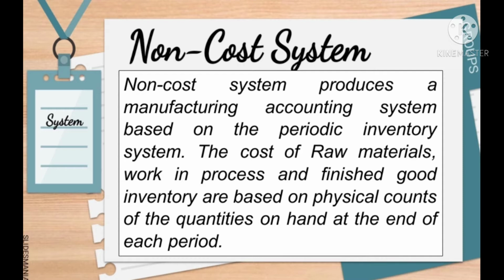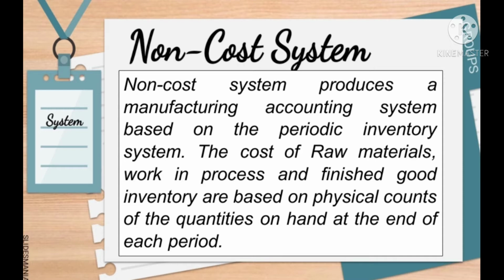Ibig sabihin, this information ay magagamit para makompute ang amount sa lahat ng na-consume, na-finish na product, at nabenta during the period. Ang non-cost system ay hindi nag-provide para sa detailed flow of cost in manufacturing process.